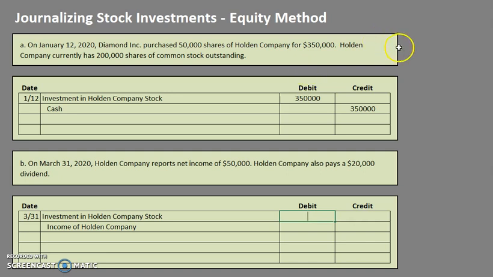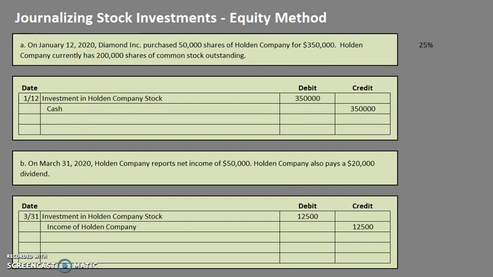So in this case above, you'll notice that we purchased 50,000 of the 200,000 outstanding shares. So we actually own 25% of Holden Company. So when Holden Company reports 50,000 of net income, we get to record 25% of that. So we're going to get to record $12,500 as an increase to our investment and as income for our company.